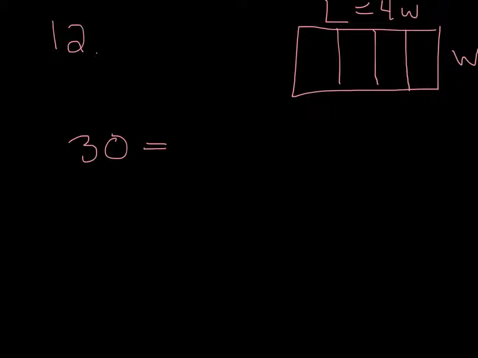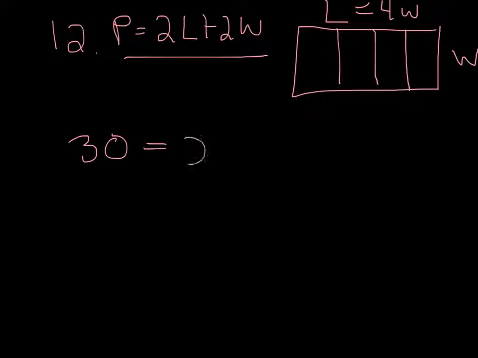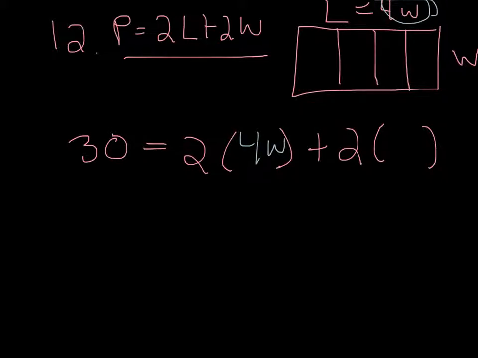And remember the formula for perimeter is 2 times the length plus 2 times the width. So what did it give us this time for length? It gave us 4W as the length and W as the width. And so now our job is just to solve for W.